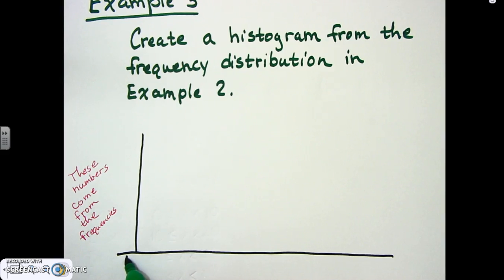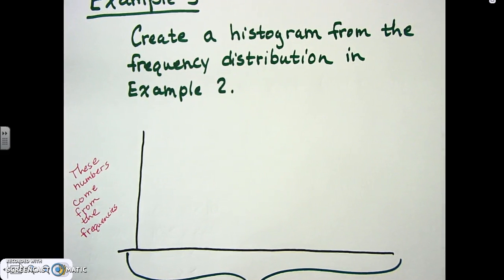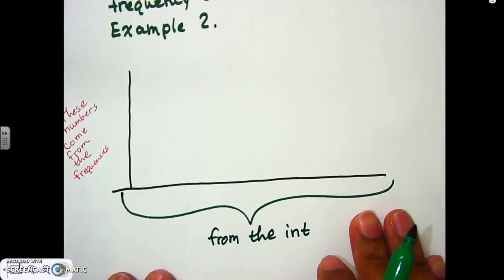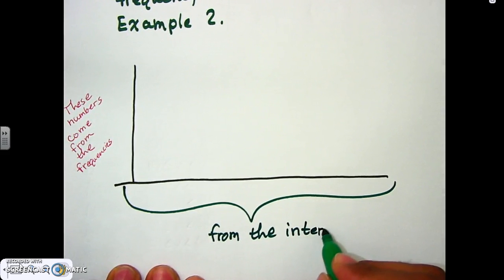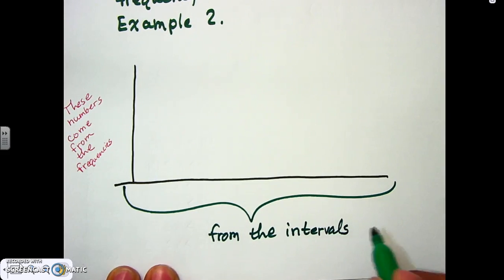The numbers you'll get down here, and we haven't filled the numbers in yet, but you'll see in a few seconds, are going to be from the intervals in the frequency distribution.